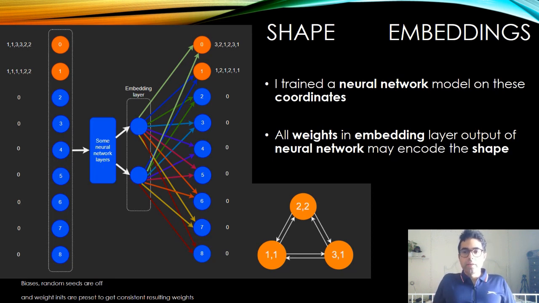I trained a neural network model on these coordinates. So each node in this neural network model kind of represents a dimension. And as the triangle coordinates are two-dimensional, only 2 nodes within this neural network model are considered.